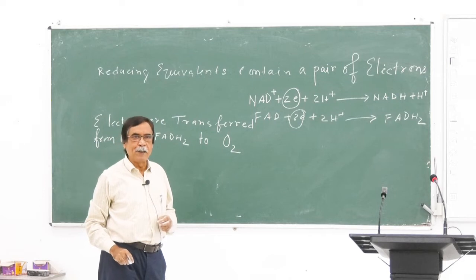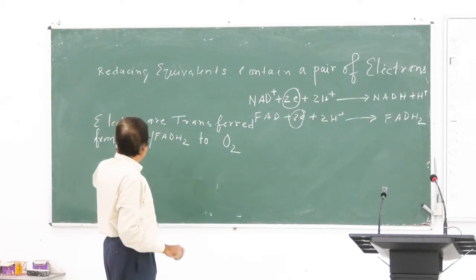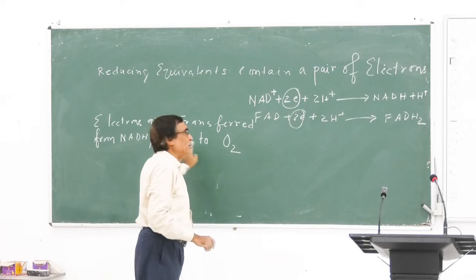Oxygen is the final acceptor of the electron. And the initial donors of the electron are NADH and FADH2.